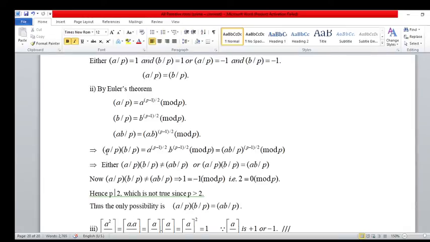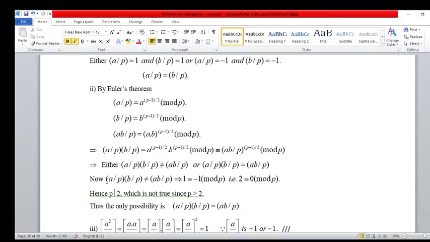This implies (a upon p) into (b upon p) is congruent to a raised to the power (p minus 1) upon 2 times b raised to the power (p minus 1) upon 2 mod p, and the power is the same. Suppose (a upon p)(b upon p) does not equal (ab upon p).